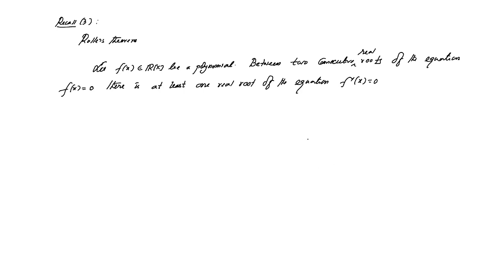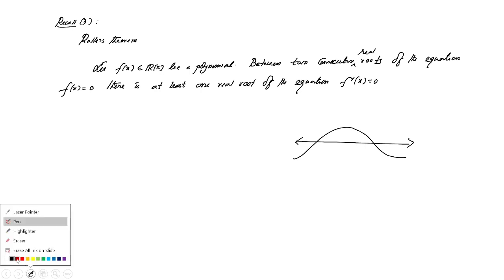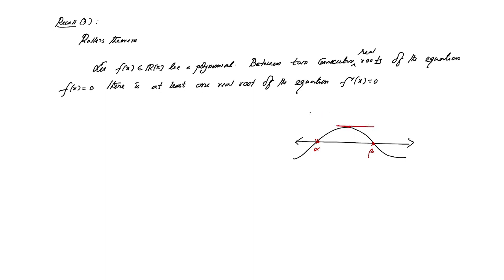Okay, so that means f of x is a polynomial with two consecutive roots like this. Two consecutive roots mean it cuts the x-axis at least at 2 points. Consider this is alpha and this is beta. Think about the point between them: what is the slope? The slope is basically parallel to the x-axis.